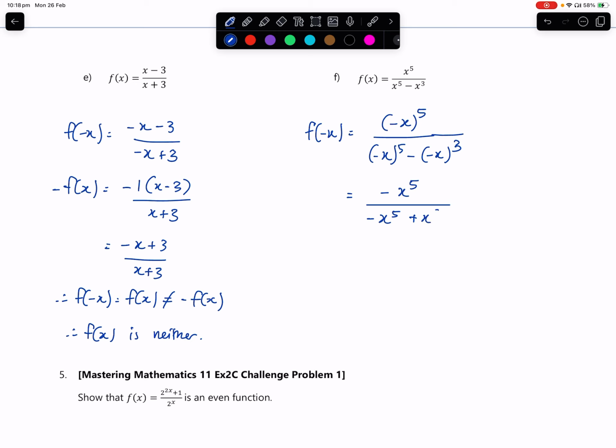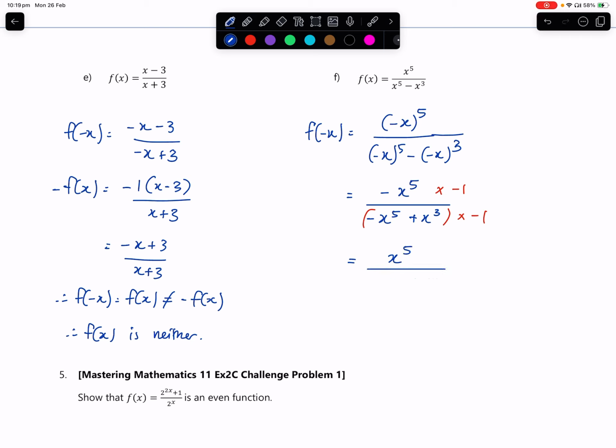Now, just by comparing these two, they look a bit different. However, they're actually the same, and I'll tell you why. You can multiply the top by negative 1 and the bottom also by negative 1. If you multiply the top bit by negative 1, you have x to the power 5.